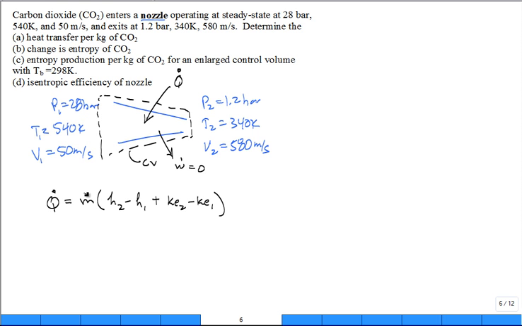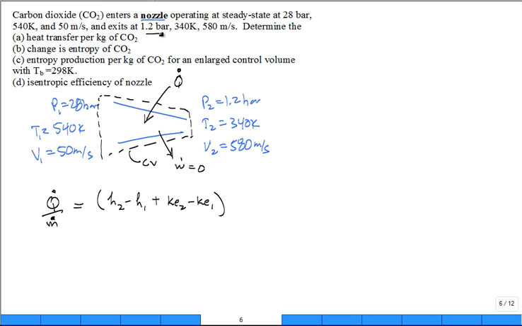Now I stop. Maybe it takes you 2 or 3 lines to get there, but does it look right? It doesn't? Oh, m dot. Now do you like it? So Q dot divided by m dot is the answer that I'm looking for: heat transfer per kilogram of CO2.